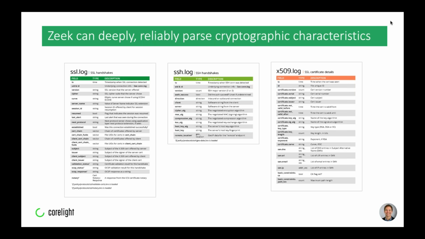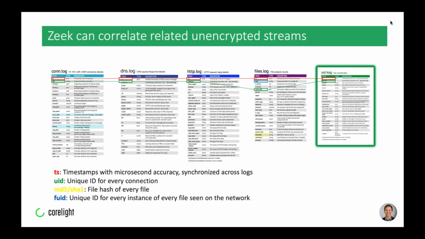It's cool stuff. It also correlates automatically. It's rich, multiple data sources. So this is a hugely popular feature. And the best example is probably the unique ID field.